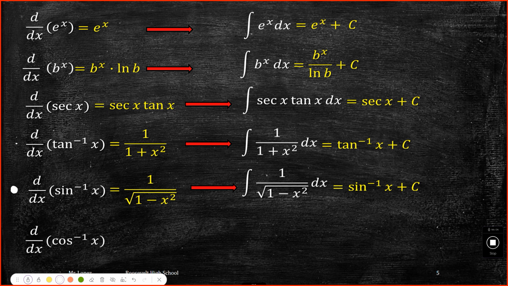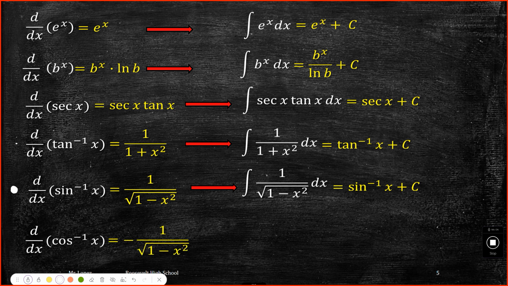So which one is this going to be? The derivative of cosine inverse of x. What's the derivative of cosine inverse of x? Is it 1 over square root of 1 plus x squared, or is it the same but with a negative in front of it? Let's see.